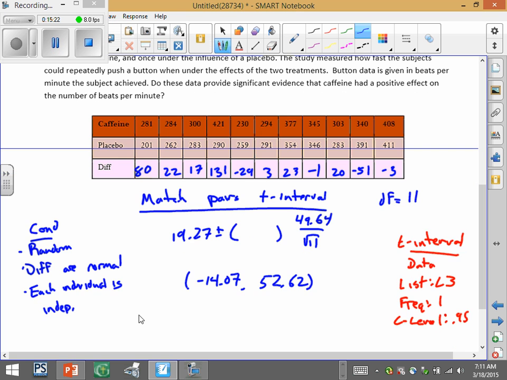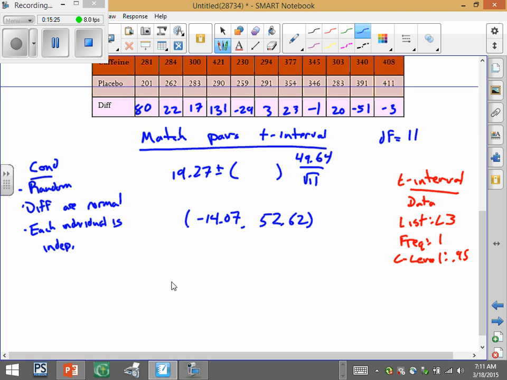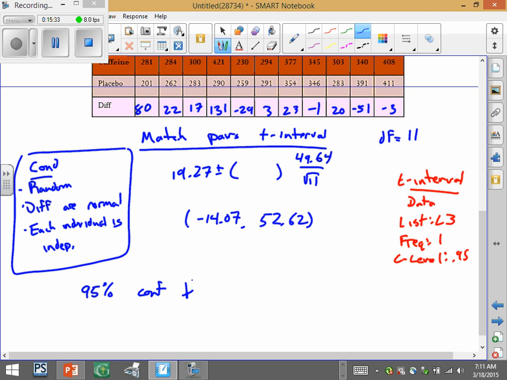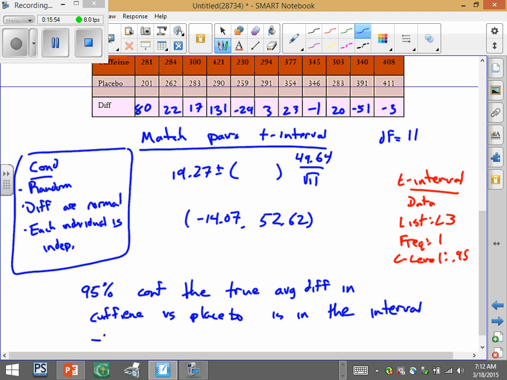All right, so what happens here is we now write our sentences. A good chance to remember how to write these sentences. So we are 95% confident the true average difference in caffeine versus the placebo is in the interval negative 14.07 to 52.62.